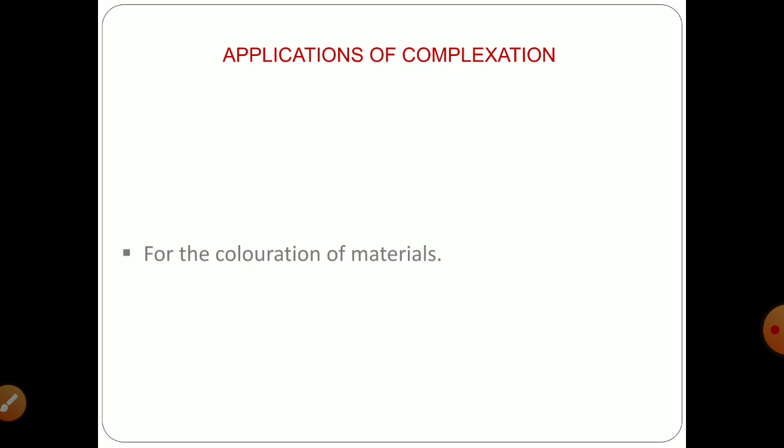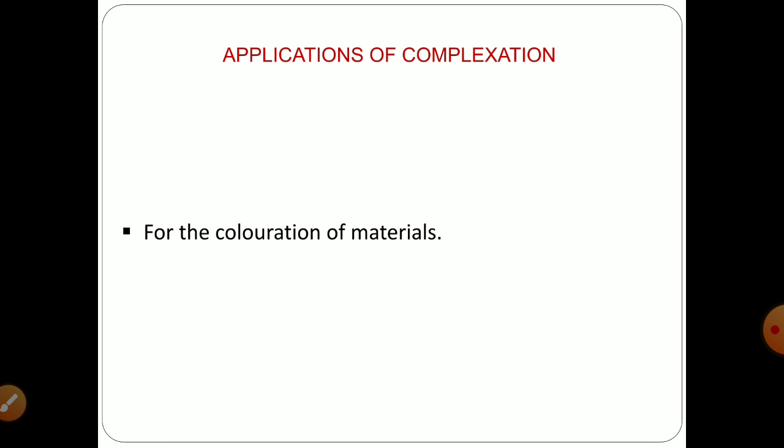The next application is regarding color. The color of coordination compounds which contain transition metals causes them to be most preferred coloring materials in the industries. They have wide application in the dyes and pigment industries.